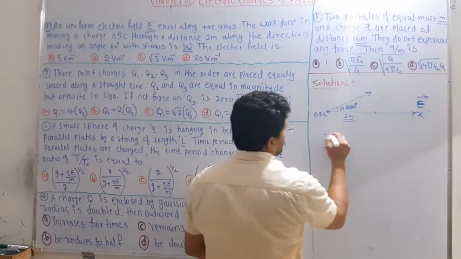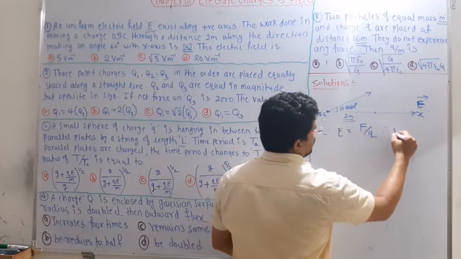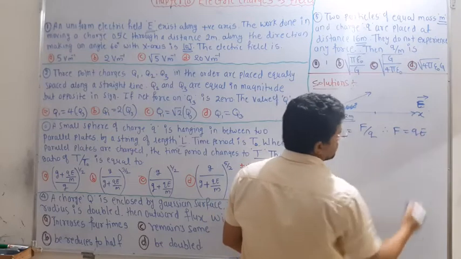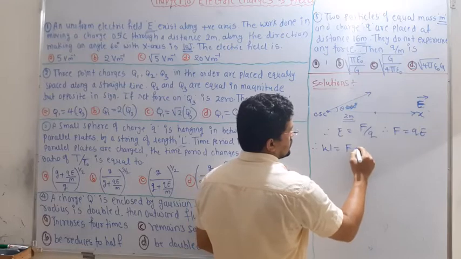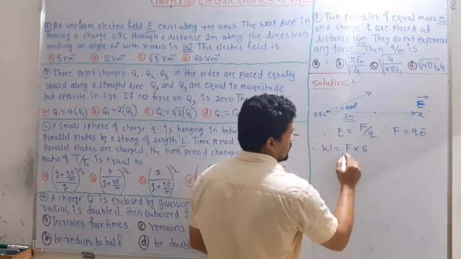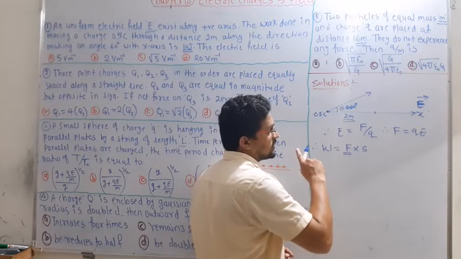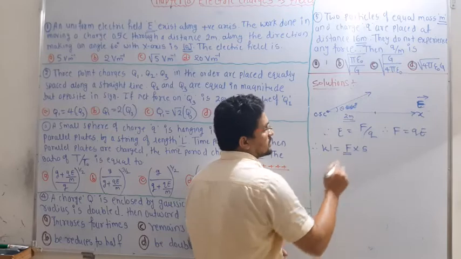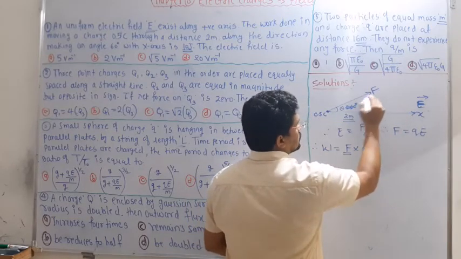We know electric field is force divided by charge, therefore force F = QE. Now work is force multiplied by displacement, but the force must be taken in the direction of the displacement. The displacement is in this direction, but the force is applied in this direction, so they make an angle theta.